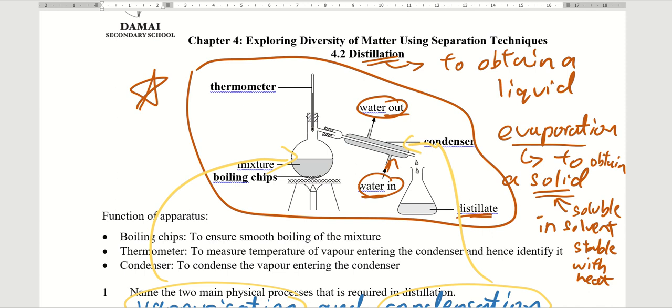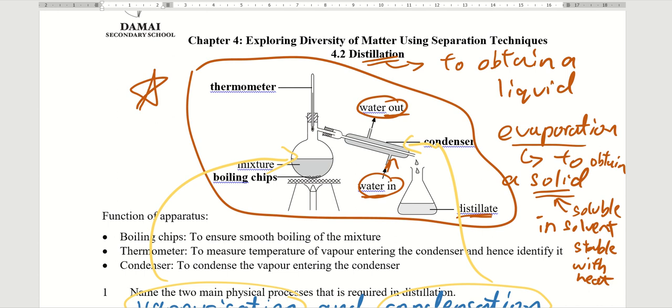So by putting it in this way, the cold water will enter from the bottom, while the warmer water will be able to exit easily from the water out, which is at the top. This will ensure effective cooling of the condenser.